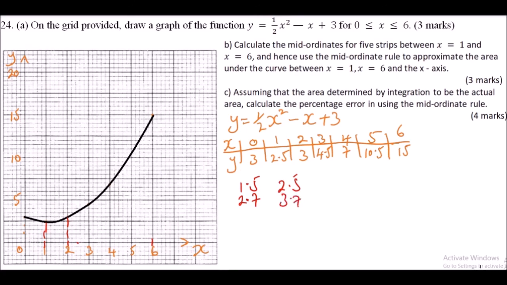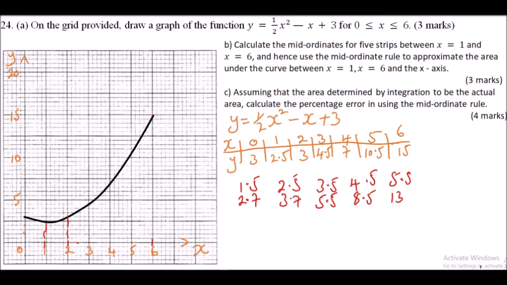Then at 3.5, the mid-ordinate will be 5.5, and then we have 4.5. The mid-ordinate is 8.5, and at 5.5 the mid-ordinate is 13. So we approximate those values, and with the values we'll be able to get the area.